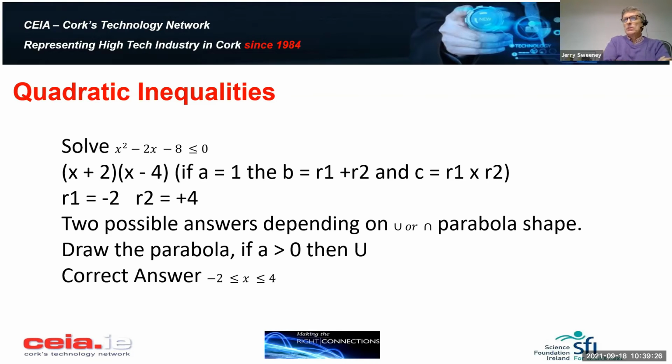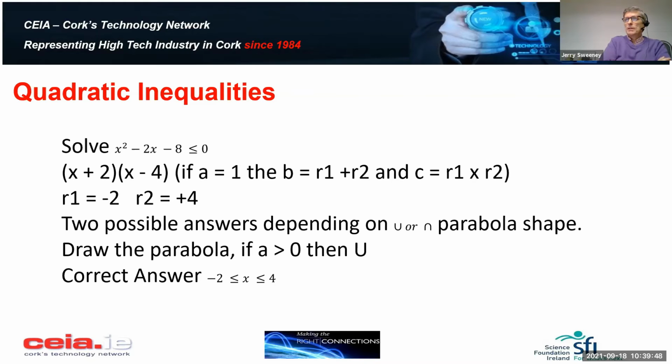We don't have to use the minus b plus or minus the square root of b squared formula to find the roots of this, because there's a little simple rule. If a is equal to 1, if the coefficient of the x squared term is equal to 1, then b is equal to r1 plus r2, and c is equal to r1 multiplied by r2.